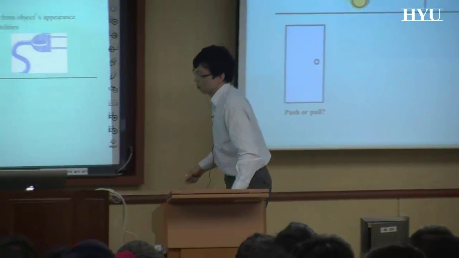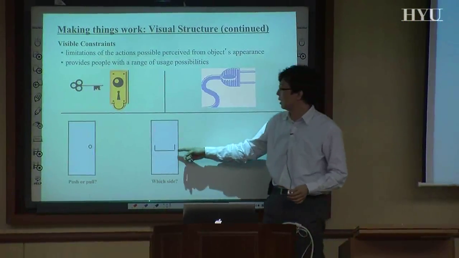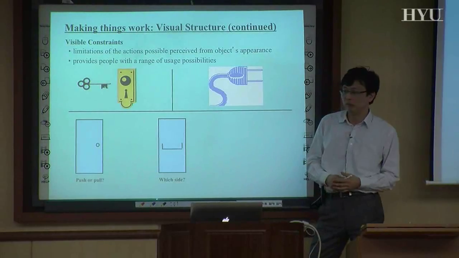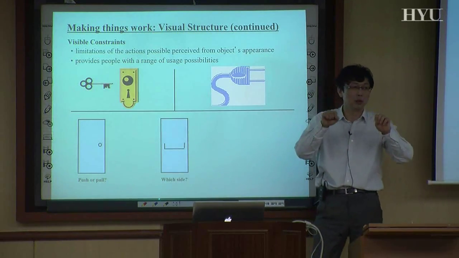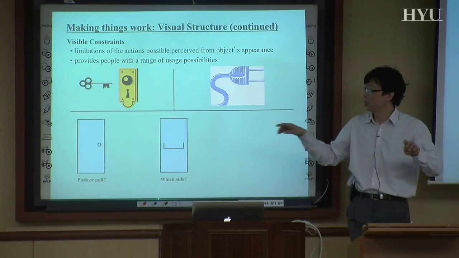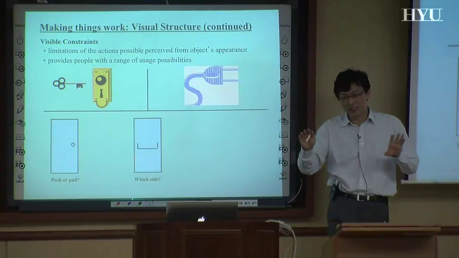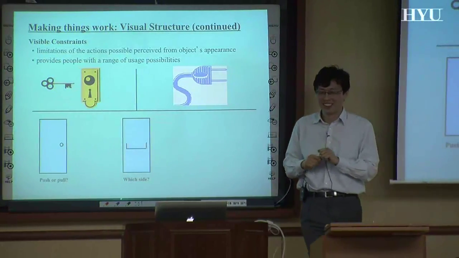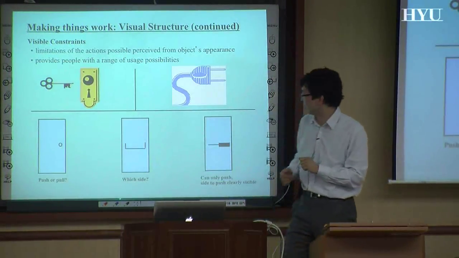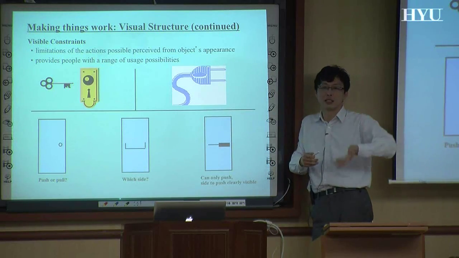Okay. Another question, say like this one. Which side? Do you want to click this side or this side? That is a push button. Have you seen this kind of door? That is a fire door in Western countries. So which side do you have to push? Left, right, push, middle. So the best design is this one. So that ended up with this kind of design with many human errors.